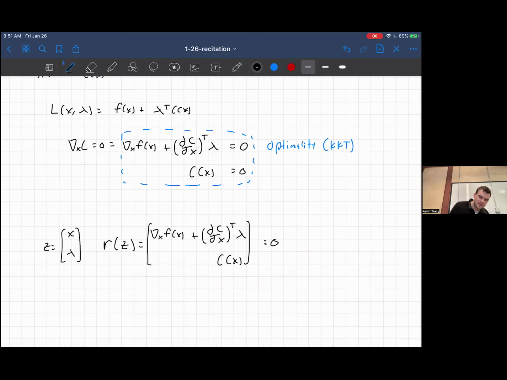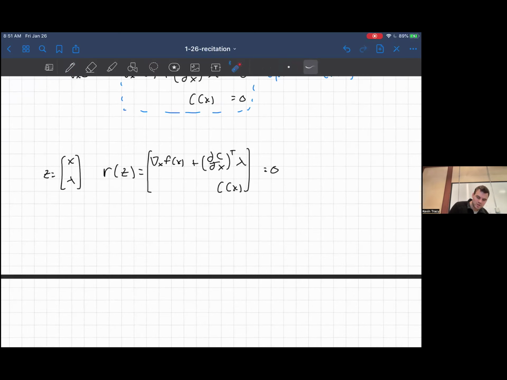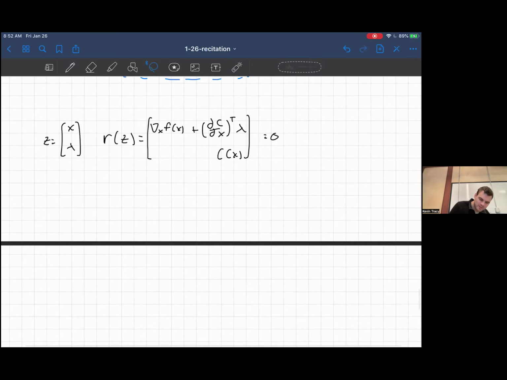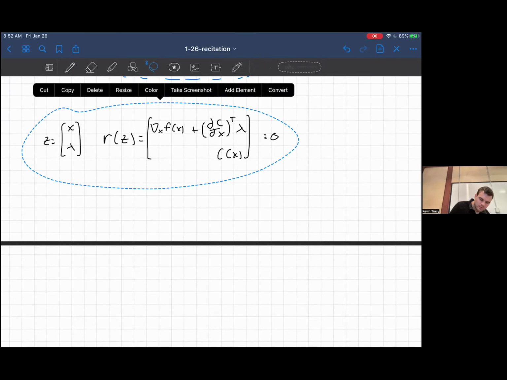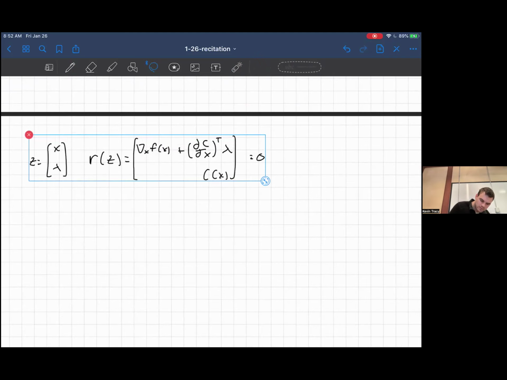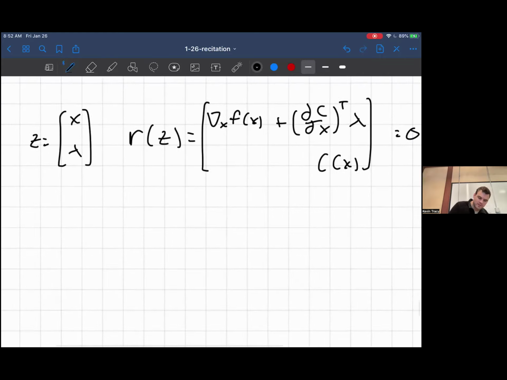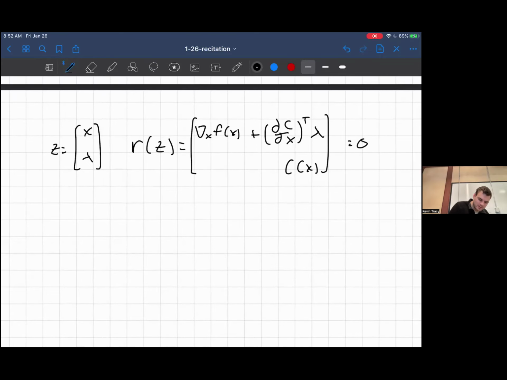So if I start taking my Newton steps on this, the first thing I do is form the Jacobian of this right here. So I'll just go ahead and copy this over to this page. So I will form the Jacobian of this. Remember my Newton step, delta z, is negative the Jacobian inverse times r at z_k.